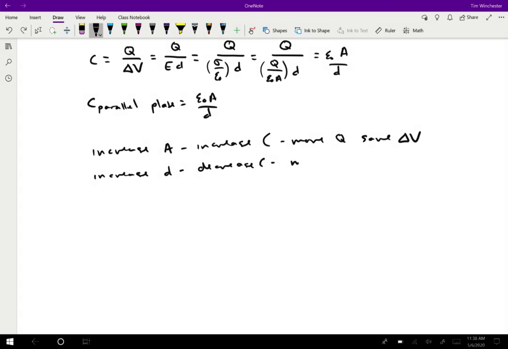We'll get more delta V for the same Q. The reason that makes sense is the electric field will be the same if the charge is the same, but you'll have a longer distance for the delta V to build up. Remember, the delta V is the electric field times the distance.